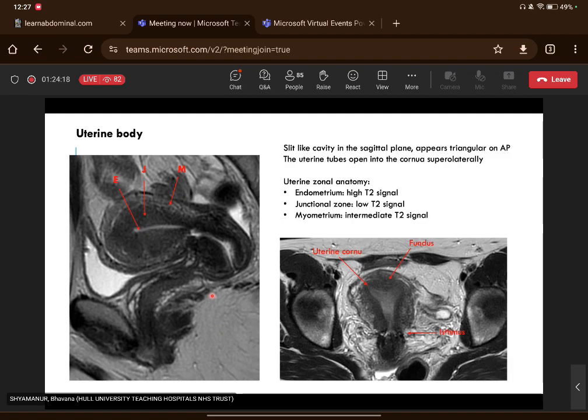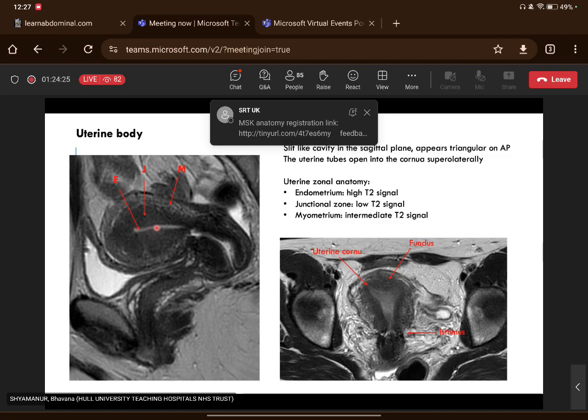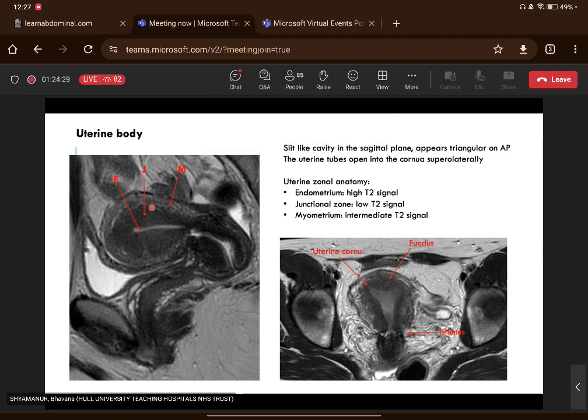The uterine body typically has a zonal anatomy. So there's a central endometrium within the uterine cavity, and that's hyperintense. You have the junctional zone, which is the inner layer of the myometrium, and that's usually dark and hypointense. And then the myometrium itself is a fairly intermediate signal.